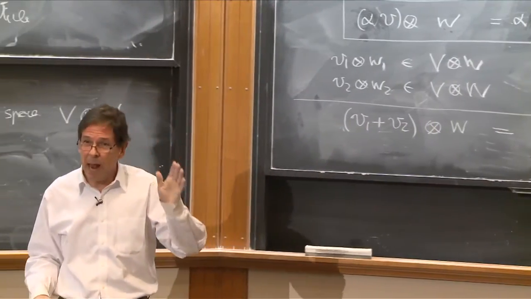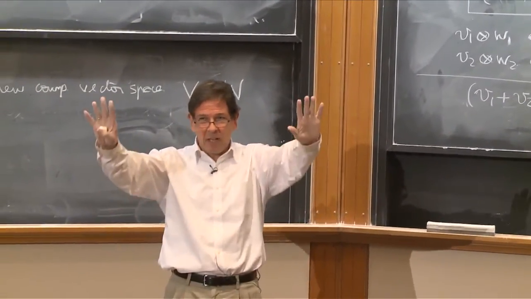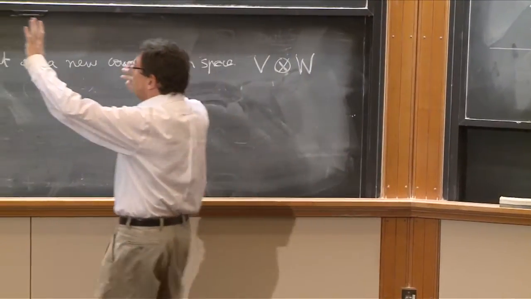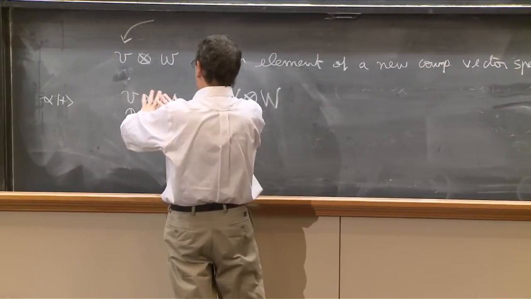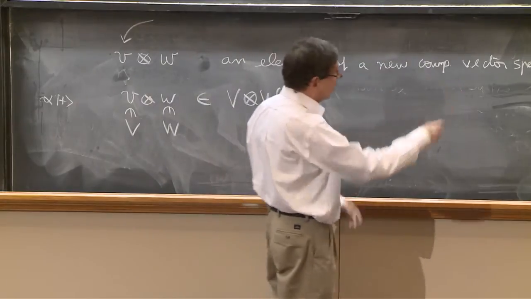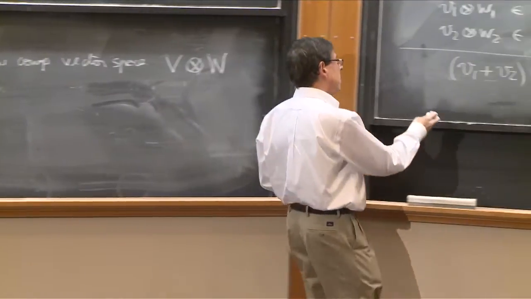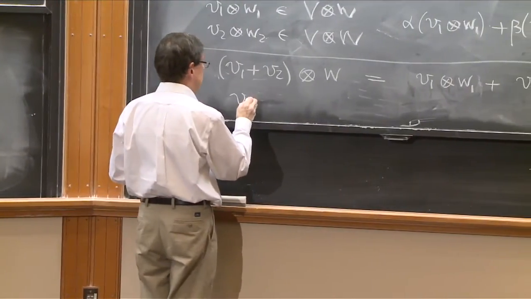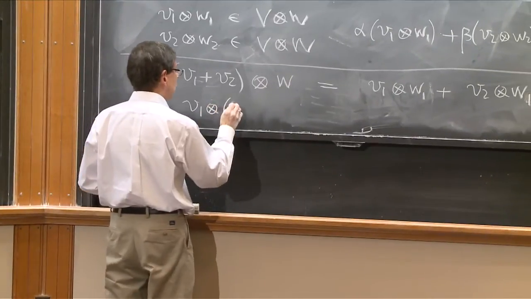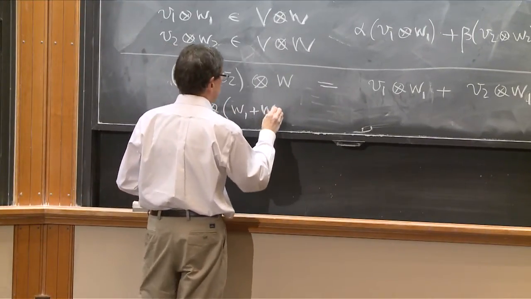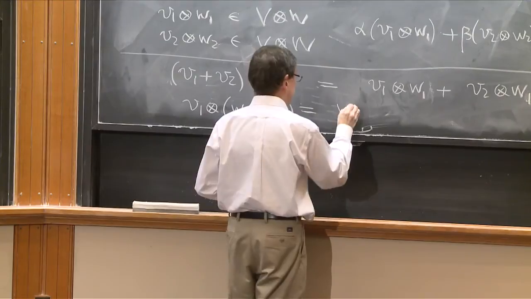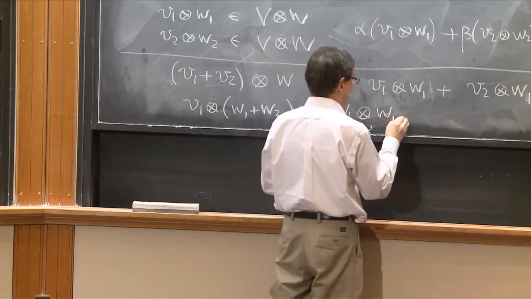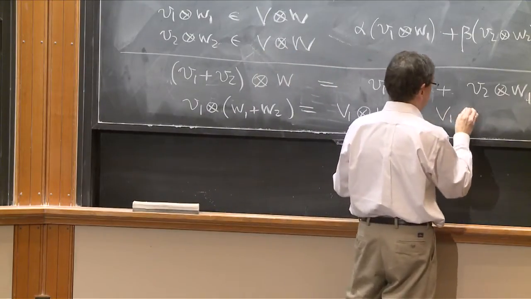If you had a direct product, where you form a vector space by just putting first vector, second vector, and you don't explain anything, this would not be true. So similarly, we'll also have V1 tensor (W1 plus W2) equal to V1 tensor W1 plus V1 tensor W2.